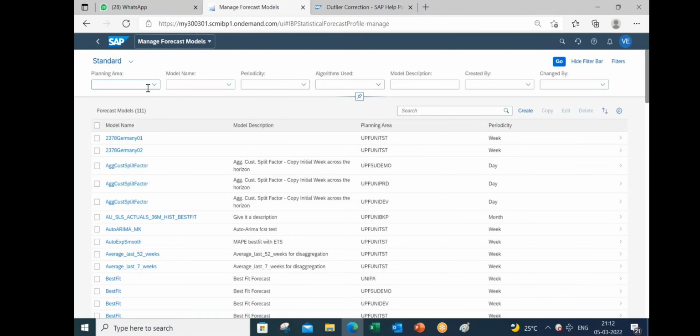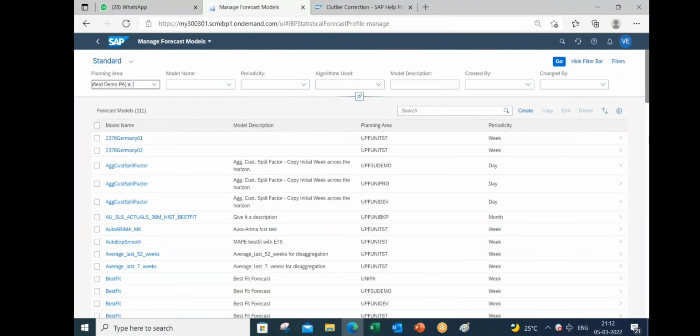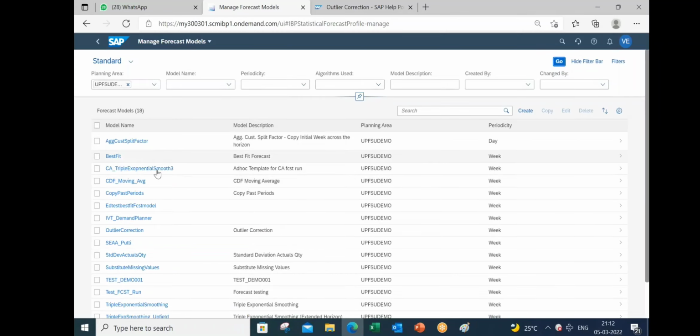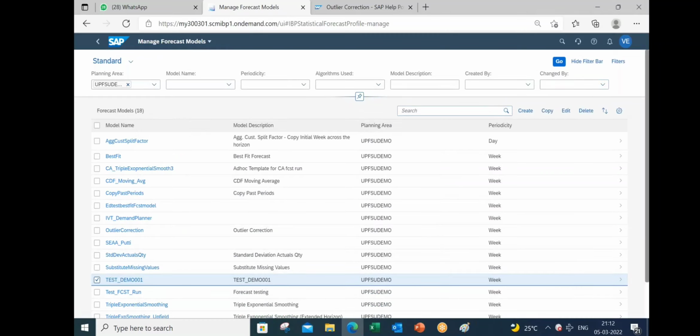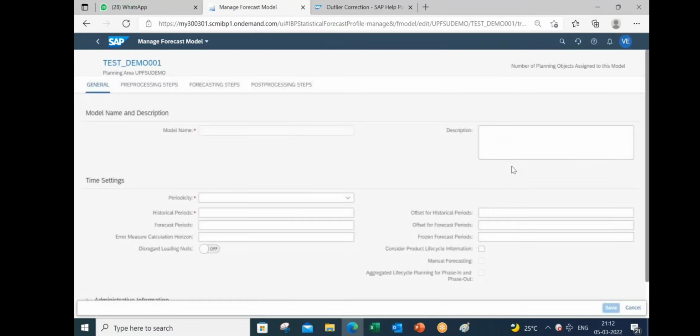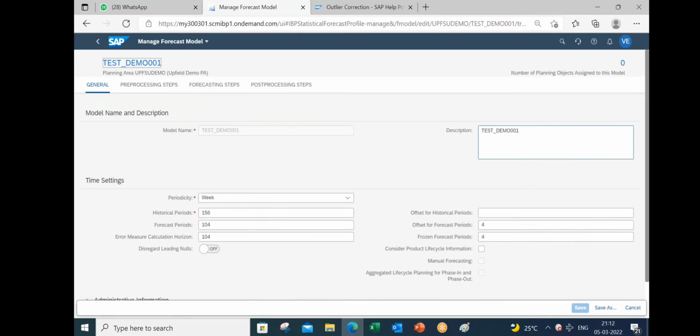First, let me select my planning area so that half of them will go away. It will be easy to search. Yeah, so I'll just remove this.